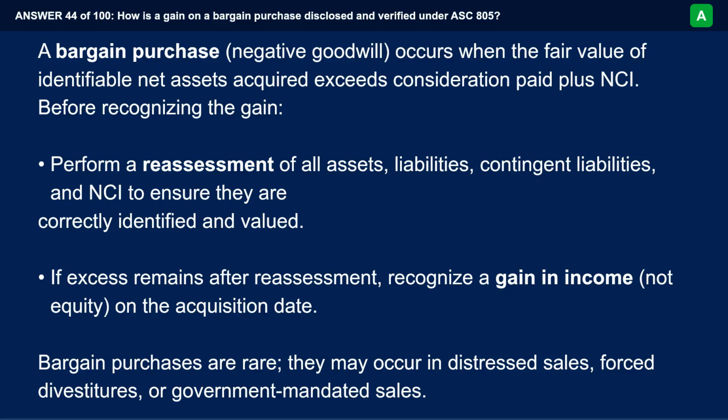Before recognizing the gain, perform a reassessment of all assets, liabilities, contingent liabilities, and NCI to ensure they are correctly identified and valued. If excess remains after reassessment, recognize a gain in income, not equity, on the acquisition date. Bargain purchases are rare. They may occur in distressed sales, forced divestitures, or government-mandated sales.